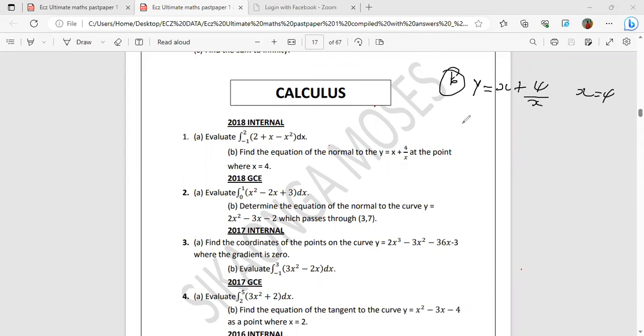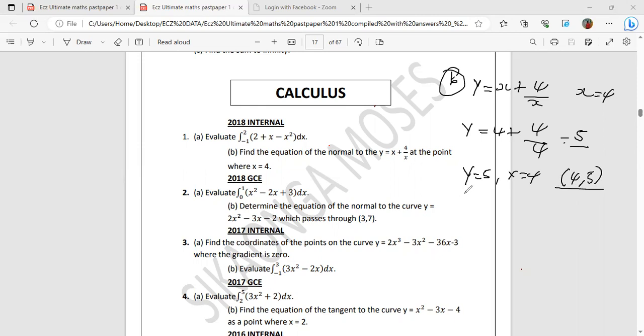How do we get the y value? I'm simply going to say y is equal to, replace x with 4, so 4 plus 4 over 4. 4 over 4 is 1, so everything will give you a 5. So y is 5 and x is 4, so your coordinate is (4, 5).